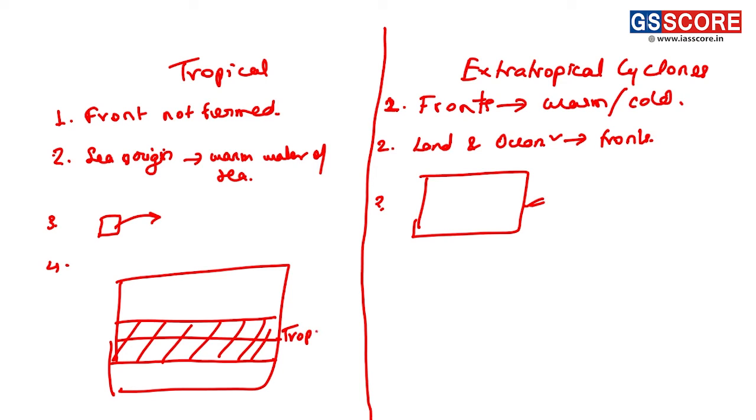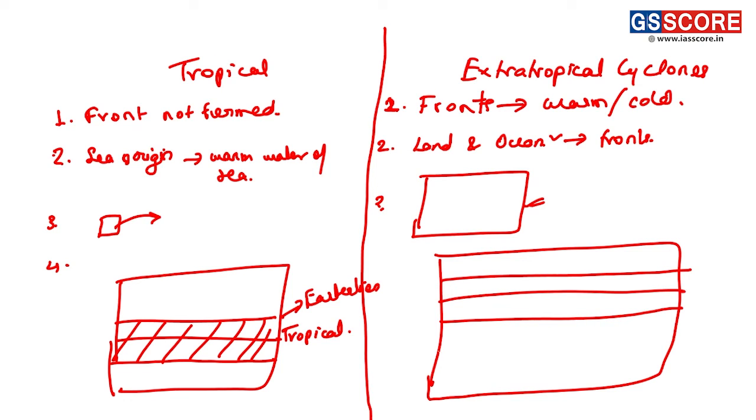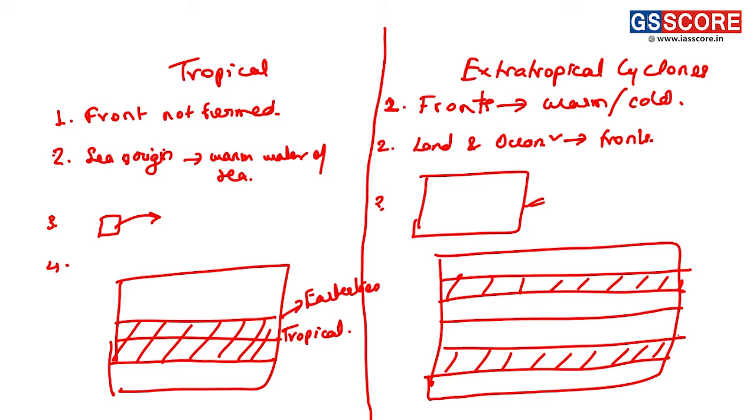So this is the tropical region, and in this tropical region we can see that there is a presence of easterlies, and the extratropical cyclones are present more towards the temperate region. They are formed over the temperate regions, some parts of the polar region, and some parts of the mid latitude or subtropical regions. Here there is more presence of westerlies.